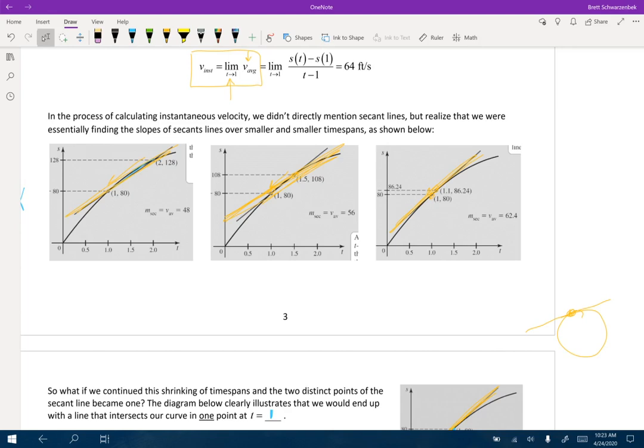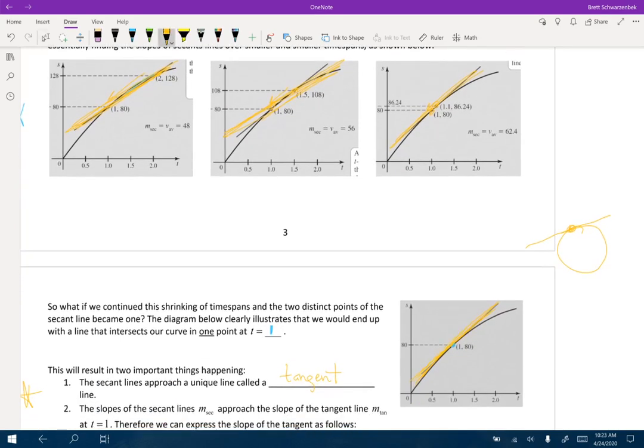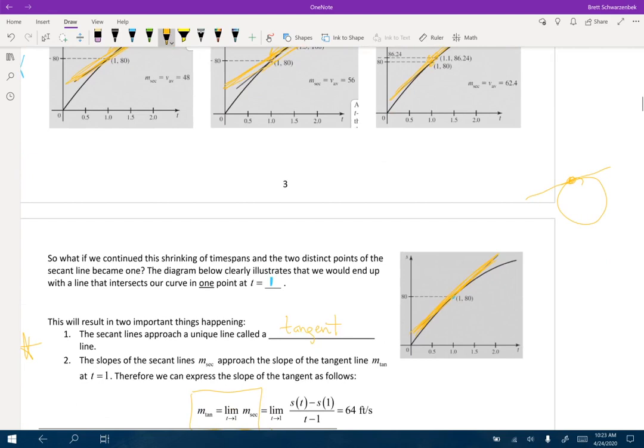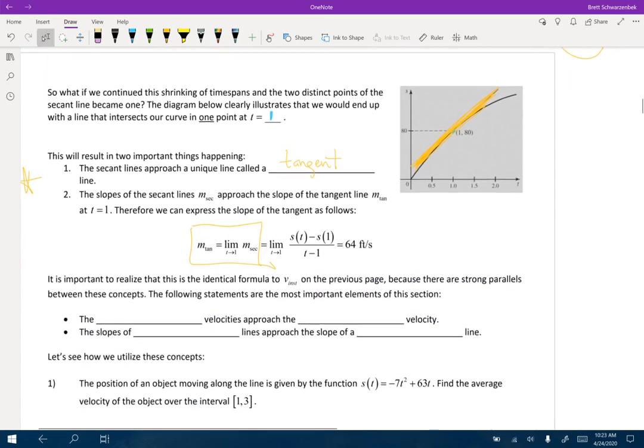So right now we have secant lines that are, as the points get closer together, they eventually form a tangent line. So what is the instantaneous velocity? It is, believe it or not, the slope of the tangent line. That's it. So if we can find the slope of the tangent line, it is the instantaneous velocity.